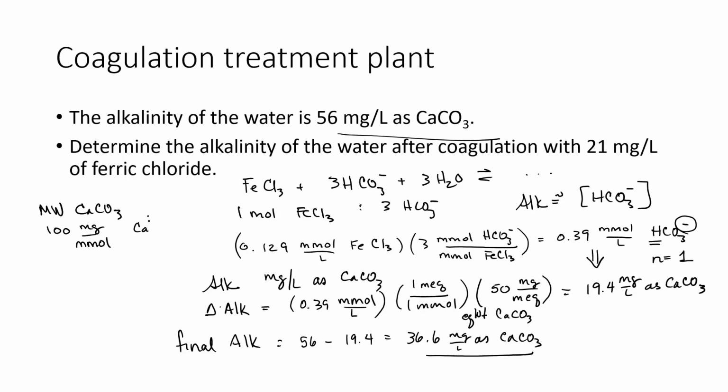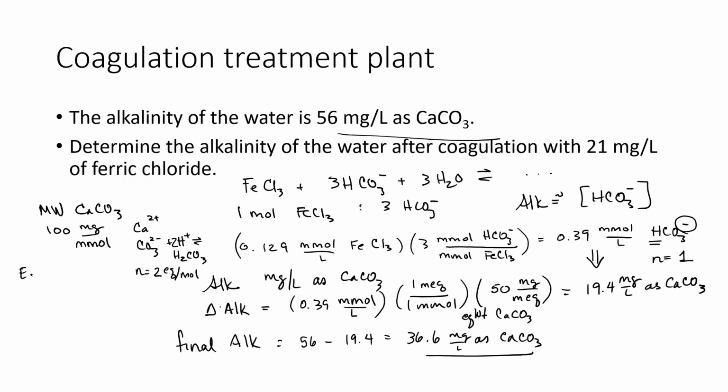Calcium has a charge, think of it this way, of 2+. Carbonate has a charge of 2-. Carbonate can react with 2 protons to produce carbonic acid. So because of that, n is equal to 2. So there are 2 equivalents per mole, or 2 milliequivalents per millimole.